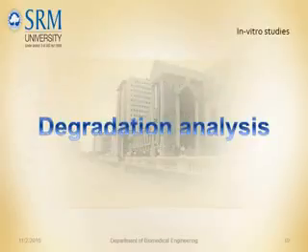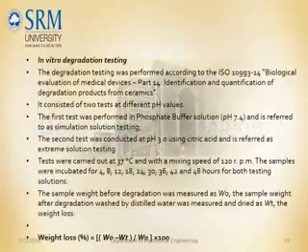Degradation analysis of the scaffolds. In vitro degradation testing. The degradation testing was performed according to ISO 10993-14, Biological Evaluation of Medical Devices, Part 14, Identification and Quantification of Degradation Products from Ceramics.